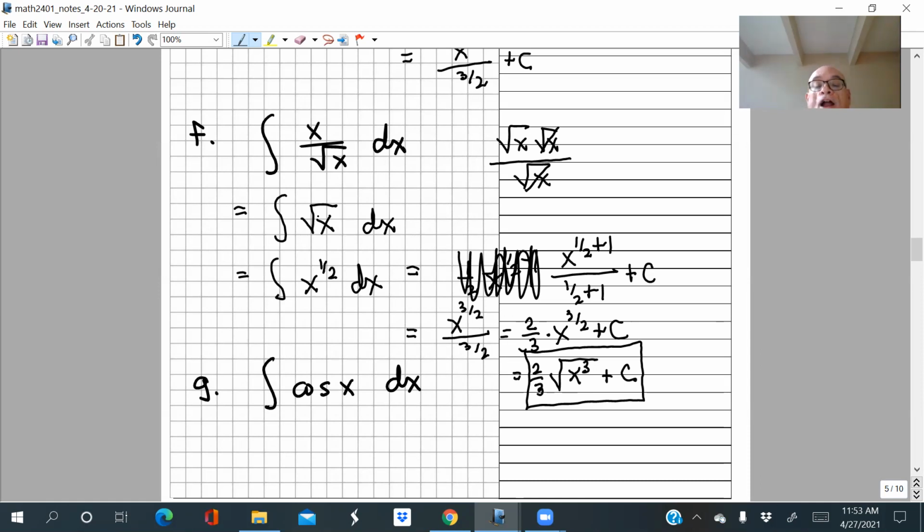All right, now this next example does not use the anti-power rule, okay? Because now we have a trig function. So this is not a power of x. So this one, we just have to treat by inspection. We just have to think about it. What is the antiderivative, or the integral, of cosine of x?